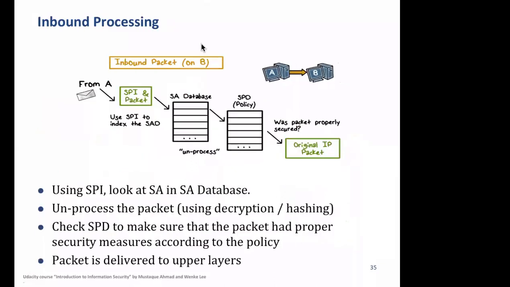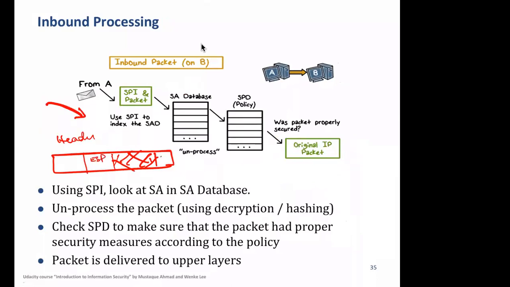Okay, and this is the way, once Bob's machine receives a packet, the packet is something like this. Let's assume for ESP, it has the encrypted packet, the original packet that Alice has created, a new header, then some information, and something at the tail end.